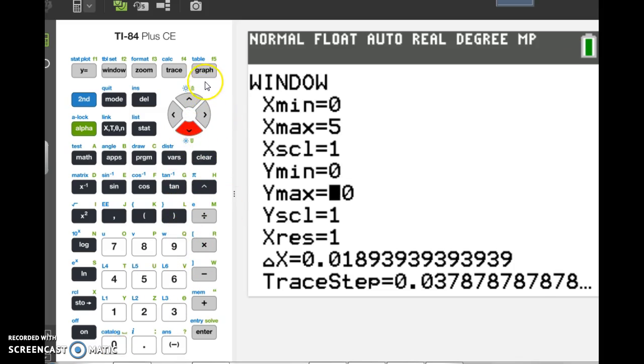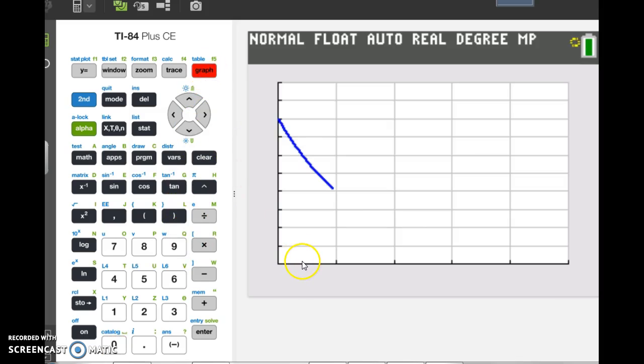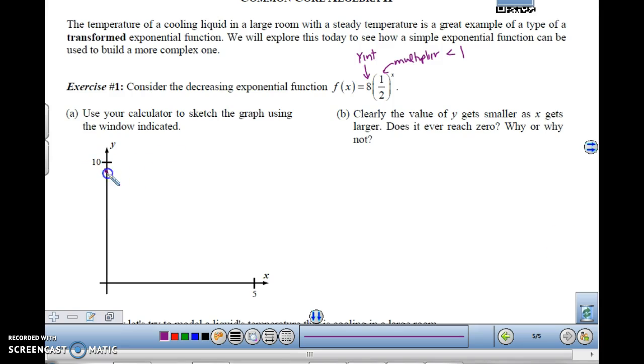If I hit my graph key, 1, 2, 3, 4, 5, 6, 7, 8 is my y-intercept. It is decreasing, and 1, 2, 3, 4, 5, it gets down here at the other end. So it looks kind of like this. It starts at 8 and goes down like that.